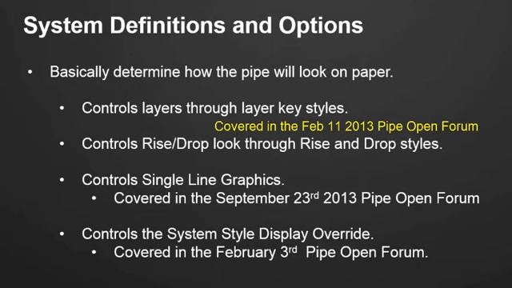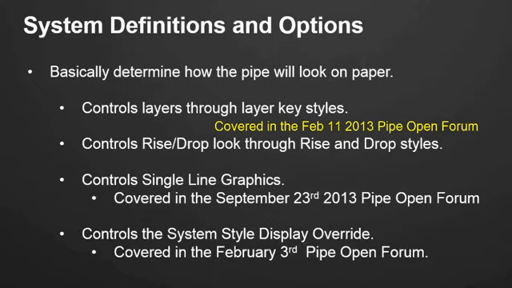If the layer assigned to that layer key style has not been created, then it will go ahead and create it with all of the specific portions of the layer assigned the way it is defined inside the layer key style. So the color, the line type style, the description, the transparency, all of that is defined in your layer key style.